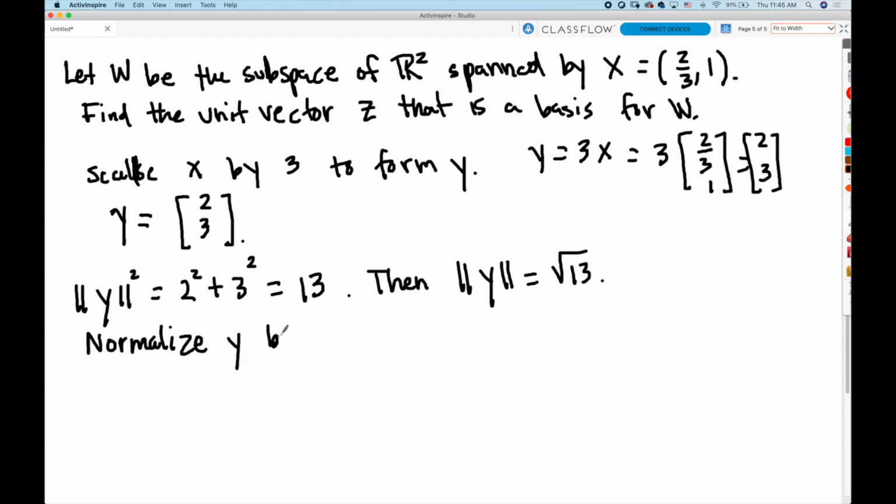So to normalize y, we're just going to say 1 over the length of y times y, right? We're going to call that z. So 1 over the square root of 13 times y.